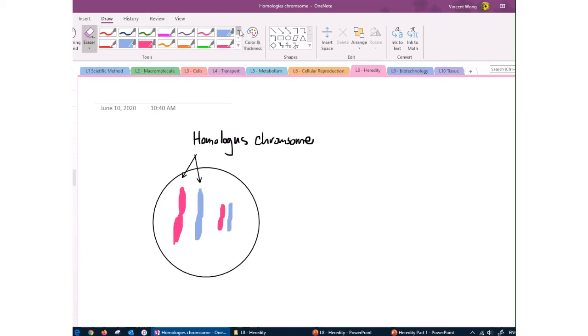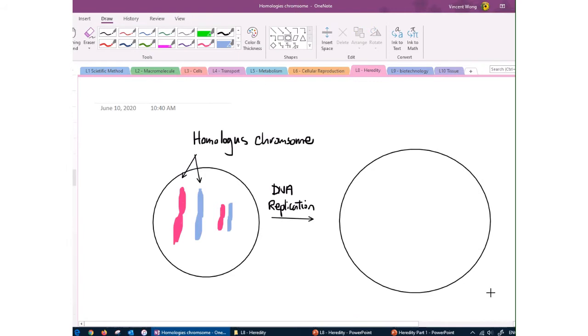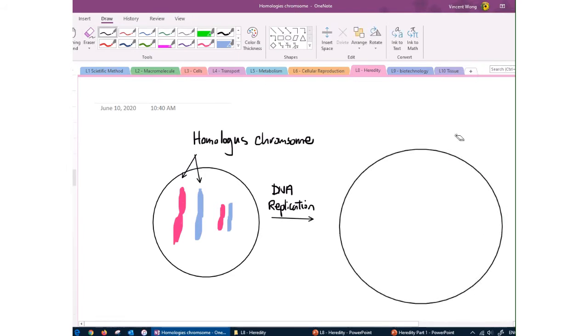So this is chromosome 1, chromosome 1. They are homologous. Chromosome 22 from mom, chromosome 22 from dad. They are also homologous. And then what happens is you will do DNA replication, the stuff that we learned in lecture 6, with the whole semi-conservative model and the helicase and all that.